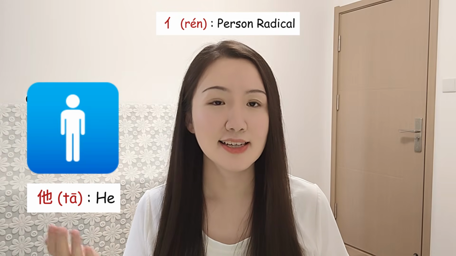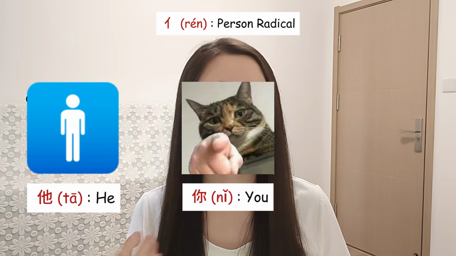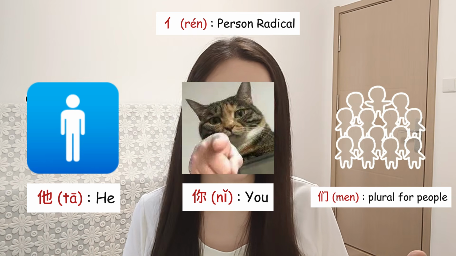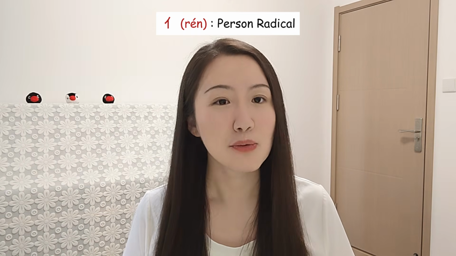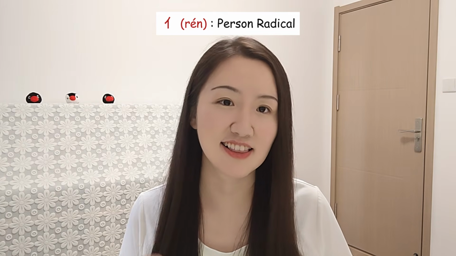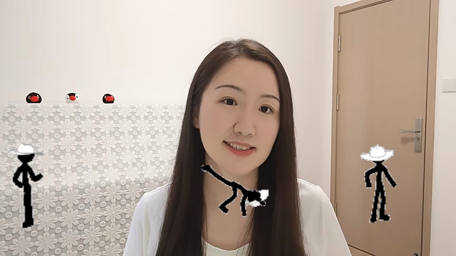Here are some examples. 他, he, 你, you, 们, plural for people. It's everywhere. You can't spell human interaction without a little stick person hiding in there. Some people say stick figures aren't real art. Ancient Chinese disagrees. There's a stick person in almost every sentence.